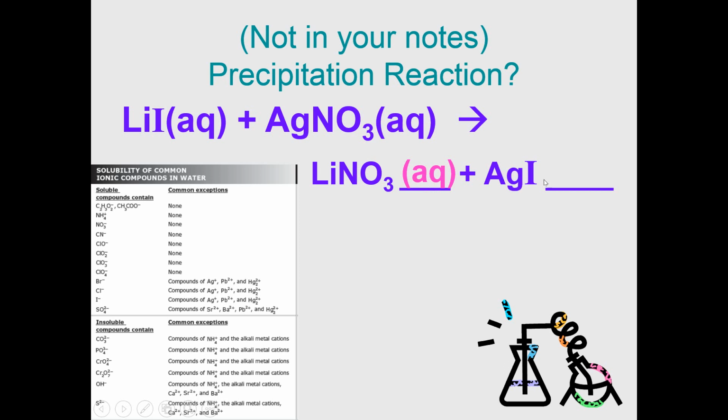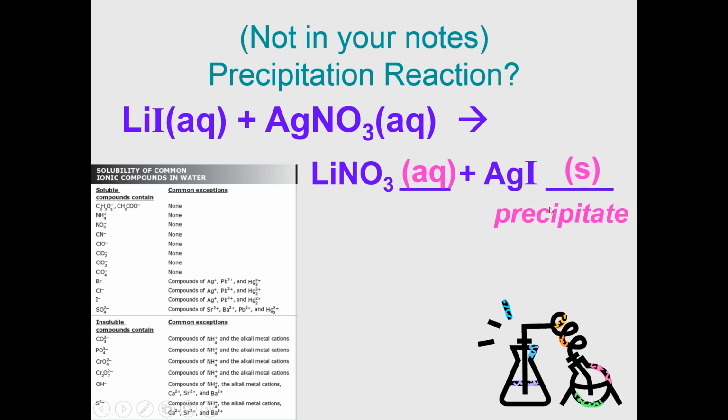Now we need to find iodide on our list. Iodide is located right over here, and we need to look at the exceptions to see if silver is listed, and silver is listed. So even though generally iodides are soluble, because silver is an exception, it is insoluble. This is a solid in solution.